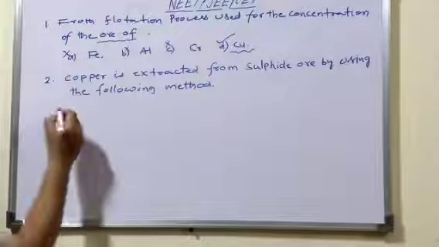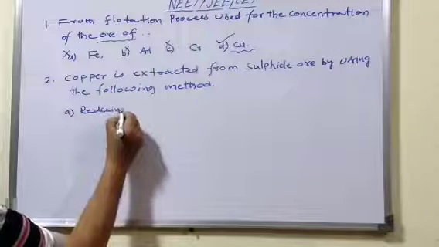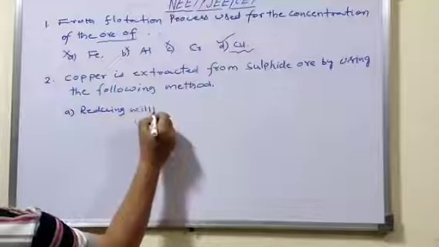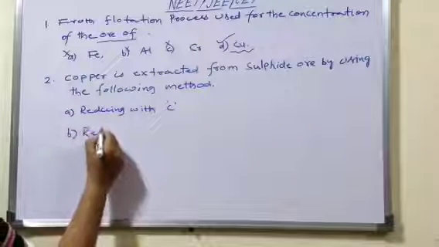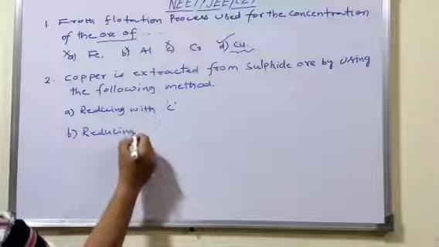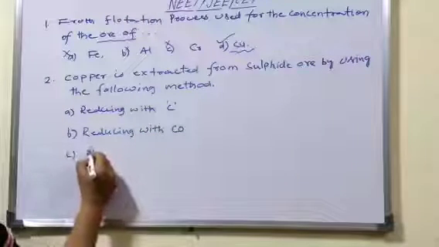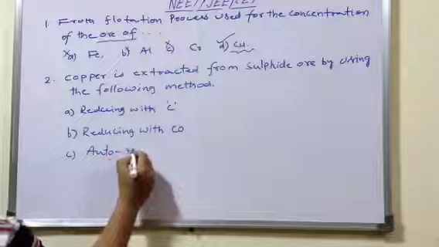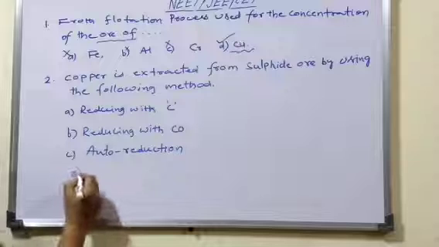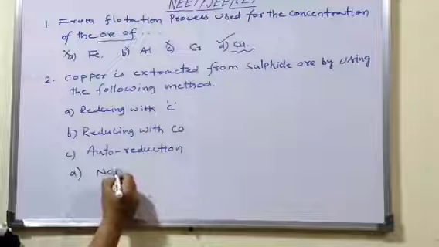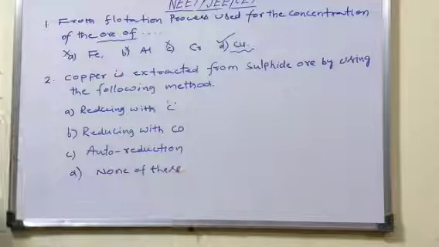Option A, reducing with carbon. Option B, reducing with carbon monoxide. Option C, auto reduction. Option D, none of these.